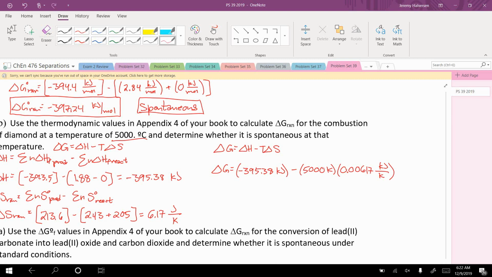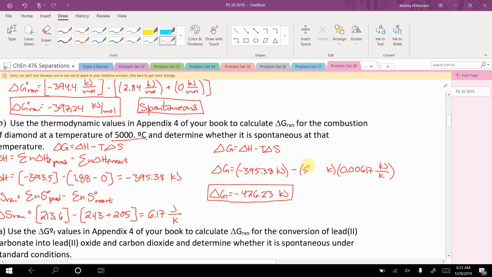Okay, when I do that, I get my delta G equals negative 426.23 kilojoules. So is it spontaneous for graphite or for diamond to burn at 5,000 degrees Celsius? Oh, not degrees Celsius. Sorry, that was Celsius.